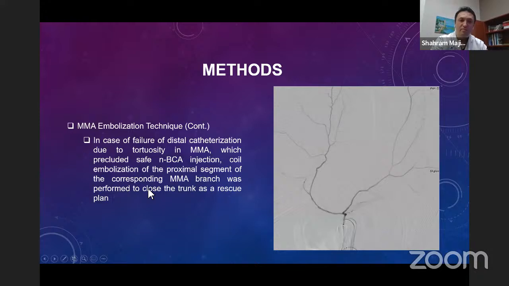In cases where distal catheterization of the middle meningeal artery was not possible due to tortuous anatomy, we decided to put some coils and just close the proximal segment of the middle meningeal artery as a rescue plan.